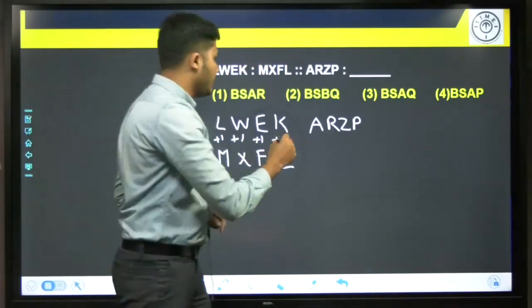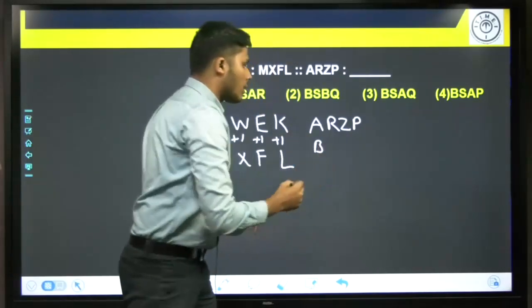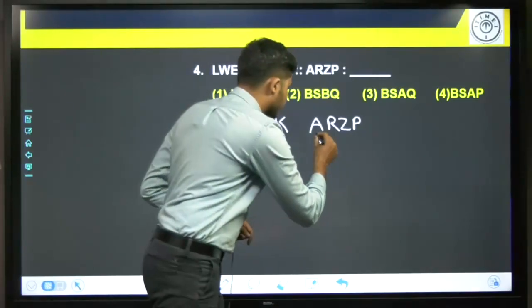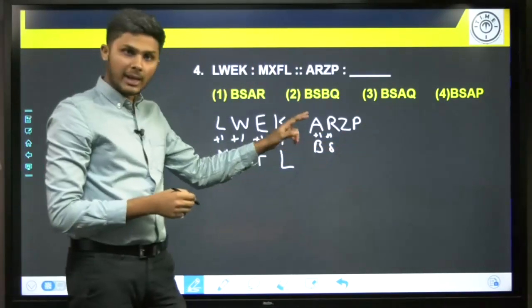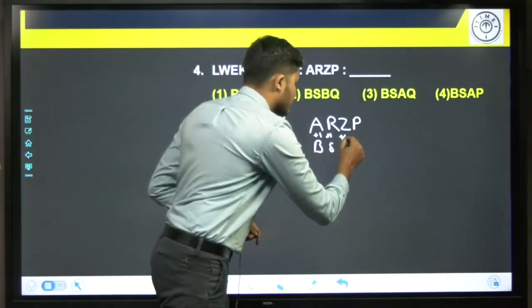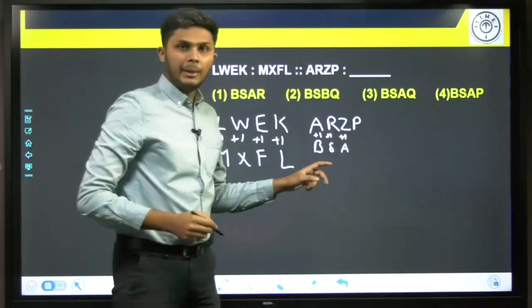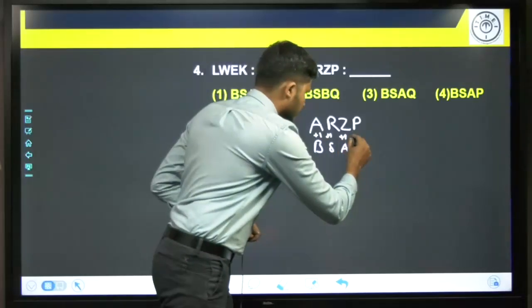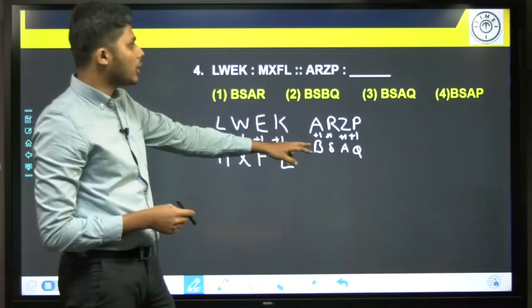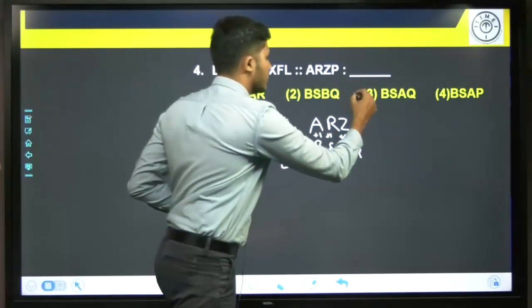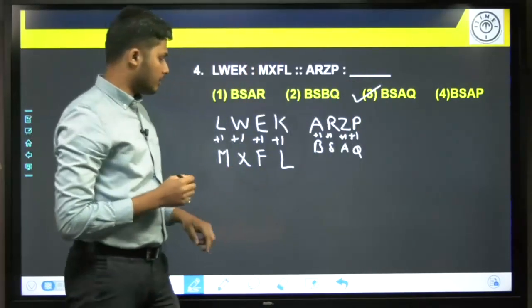A plus 1 is B, R plus 1 is S, Z plus 1 is A, and P plus 1 is Q. This is in the option 3, and hence third is the missing term.